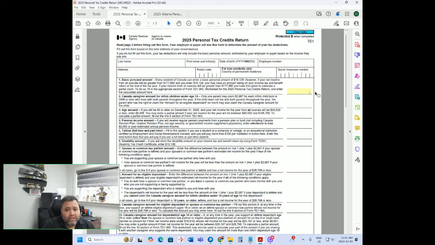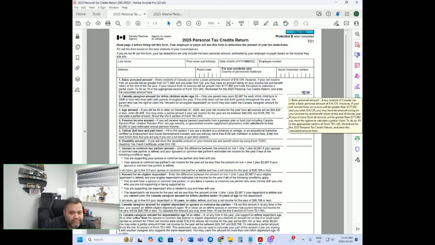So if you have only one job, you are entering 16,129. What that means is please don't deduct taxes on the first 16,129 because I'm not going to be paying taxes on this amount anyways. So if it's your only one job, it's your first job in the year, you are inputting 16,129 on the first page of the TD1.